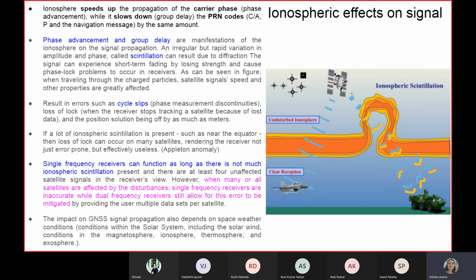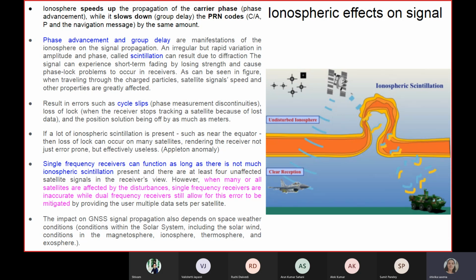Single frequency receivers can function as long as there is not much ionospheric scintillation. As you can see in the first case in the figure, the undisturbed ionosphere, there is a clear reception. For these cases we may use single frequency. Using a single frequency receiver means just the L1 frequency we are using, not L1 and L2 both, as you are familiar with the two frequencies of the GPS, L1 and L2.